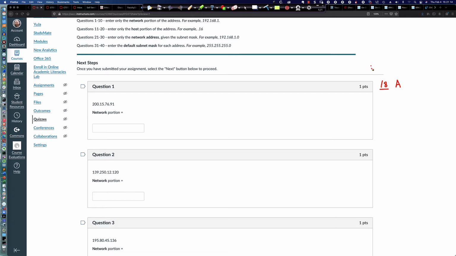In other words, the first 8 bits of the first octet are representative of the network. And then the last 24 bits, which I won't draw out here, but know that we've got 8 more bits here, and 8 more bits here, and 8 more bits here.